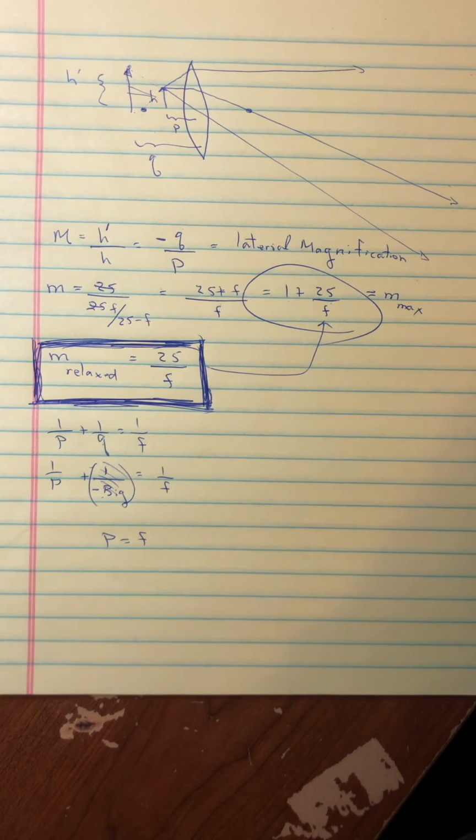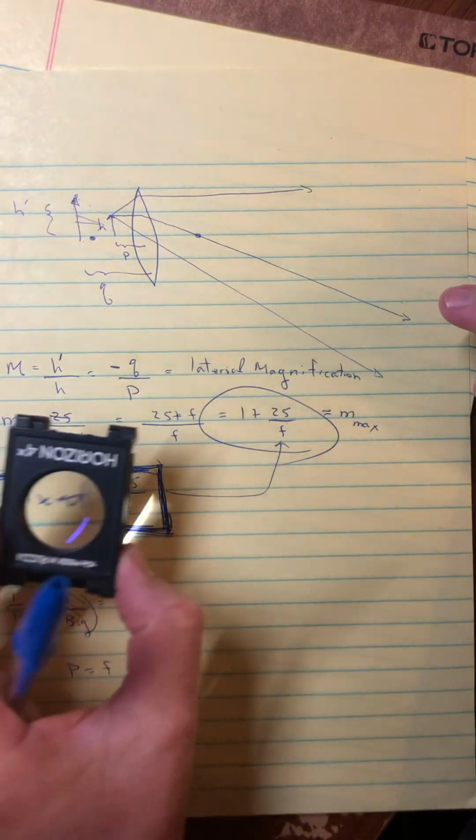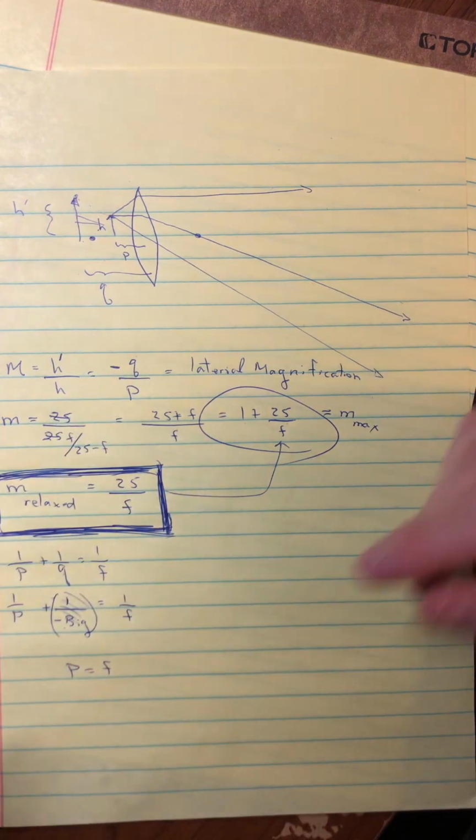Now, the reason that's important is because, knowing that, I can magnify things in the relaxed position, depending on what this focal length is, and I could then build a microscope.